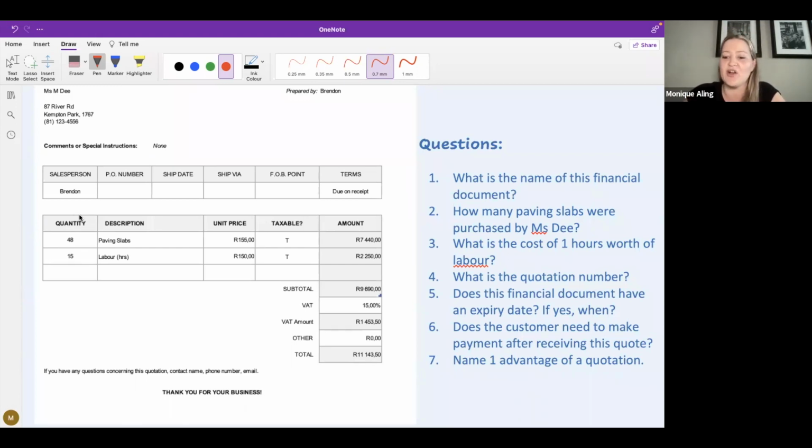Then it says, what is the cost of 1 hour's worth of labor? Valente, how did you get that answer of 15? Anyone else also want to try?